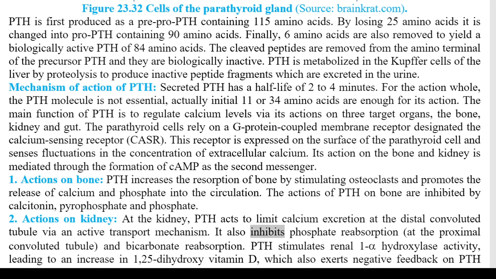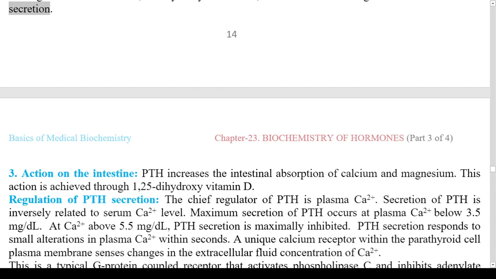It also inhibits phosphate reabsorption at the proximal convoluted tubule, and bicarbonate reabsorption. PTH stimulates renal 1-hydroxylase activity, leading to an increase in 1,25-dihydroxyvitamin D, which also exerts negative feedback on PTH secretion.